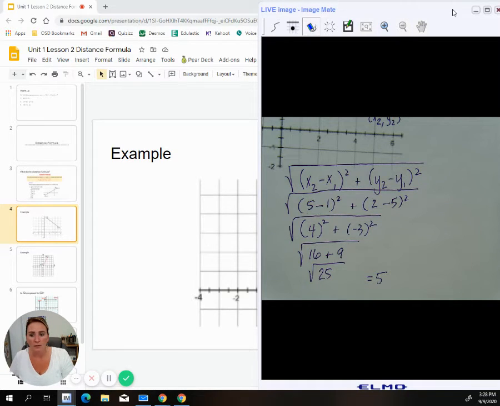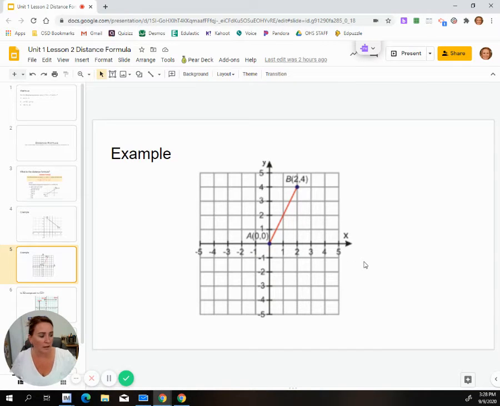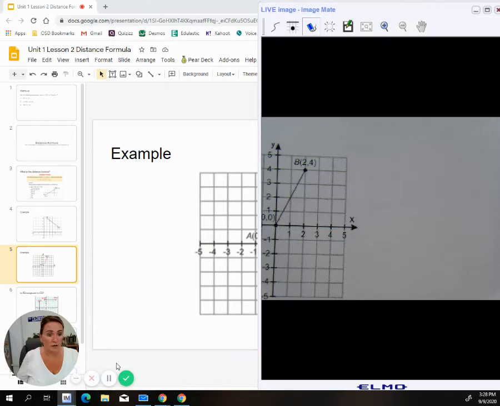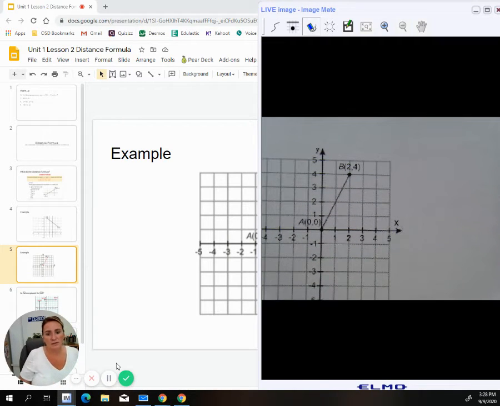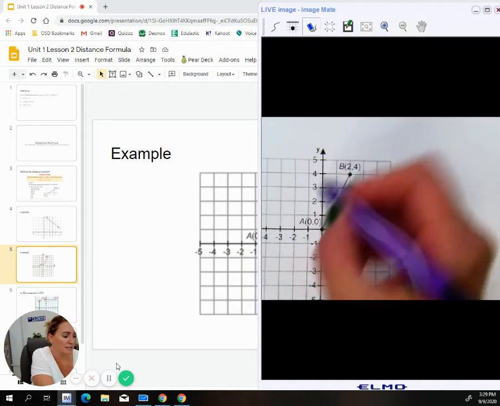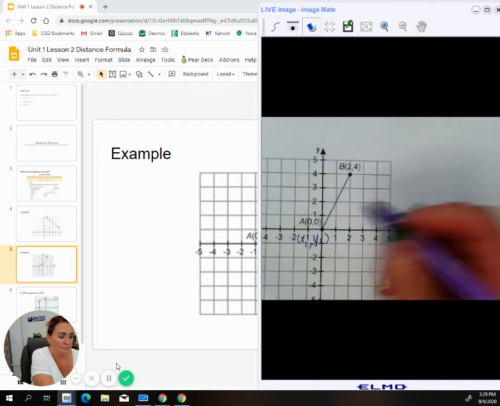Okay, here is another problem. I'm going to help you set this one up, but then I want you to see if you can solve it and come up with the same answer that I have. So we're going to set this one up together. It honestly doesn't matter which one you choose as point 1 or point 2, but in my experience, 0, 0 is always a better x1, y1.